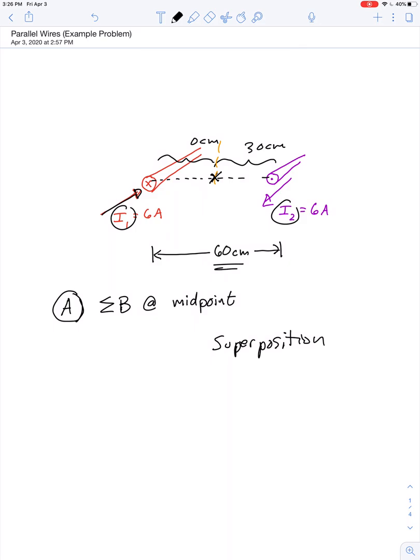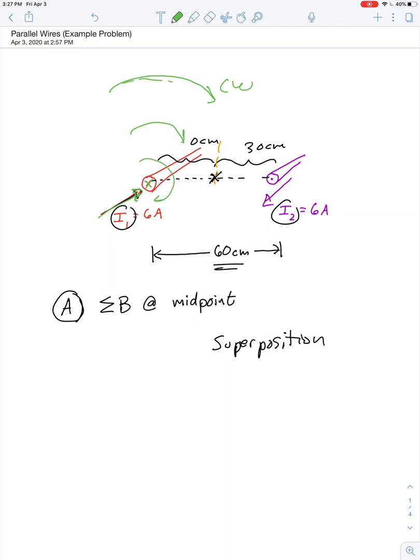So first of all, we've got to figure out the direction of the magnetic field. So let's take a moment and ignore wire number 2 and just picture the magnetic field lines associated with the current in wire number 1. Based on the right-hand rule, point your thumb into the page in the region of wire number 1, and then let your fingers curl around in a circle, and I think you'll see that your fingers are wrapping around in a clockwise circle to represent the magnetic field lines that exist around wire number 1.